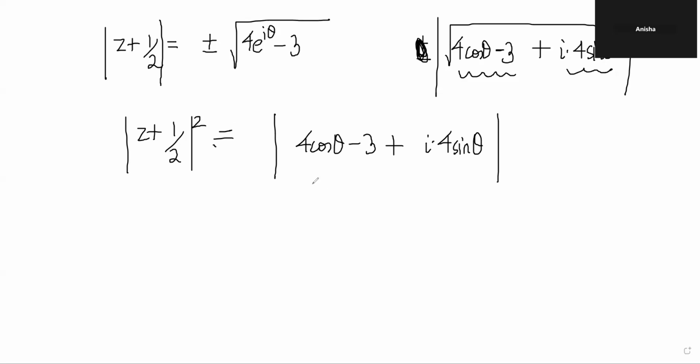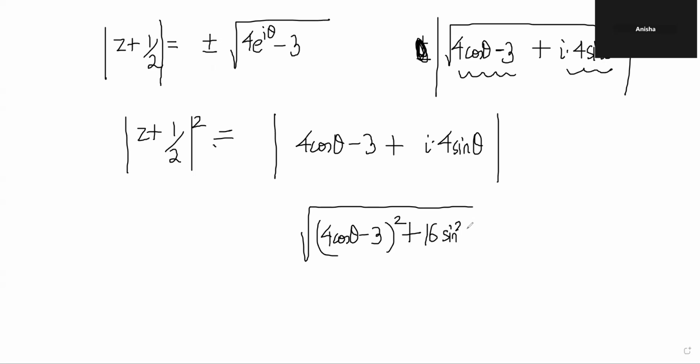And the mod of this complex number will be square root of 4 cos theta minus 3 whole square plus 16 sine square theta, and that is equal to square root of 16 plus 9 minus 24 cos theta.